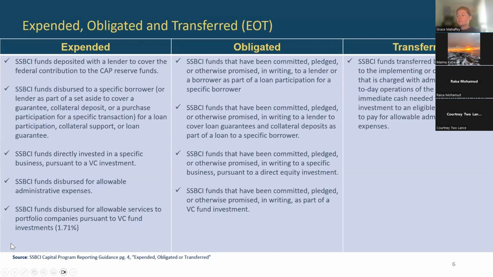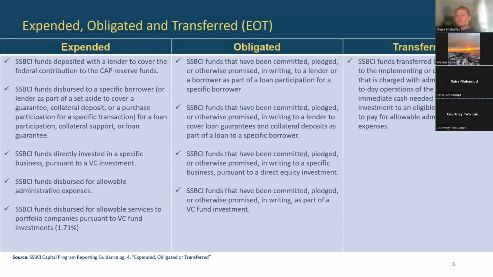Right, so another big one is making sure that you have categorized the transactions correctly between expended, obligated, and transferred. For transactions to be considered expended, SSBCI funds must be disbursed to a specific borrower or lender as part of a set-aside to cover a loan guarantee, collateral deposit, or purchase participation for a specific transaction that has closed.